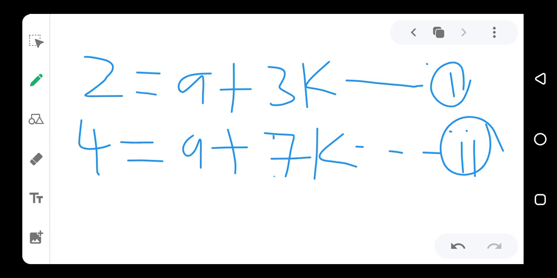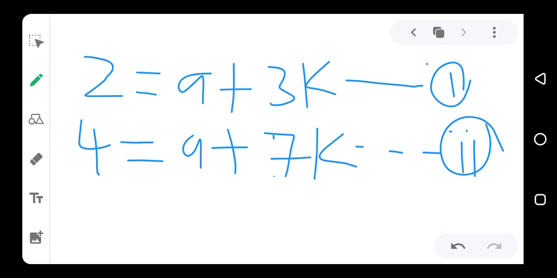Now we use the elimination method to solve this. This becomes simultaneous equation. In simultaneous equation, we have two equations and we have two unknowns, two things that we don't know and we want to get them.